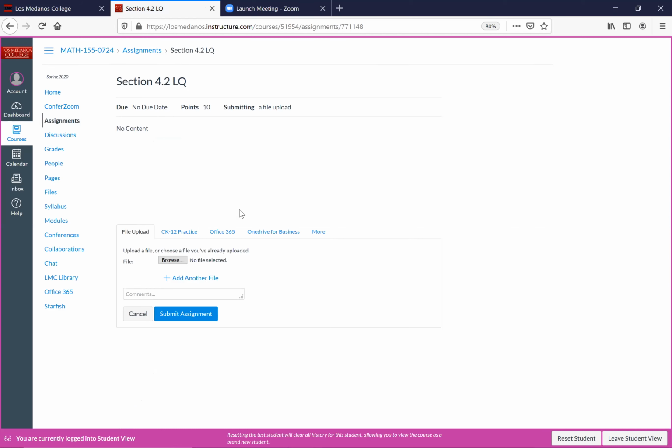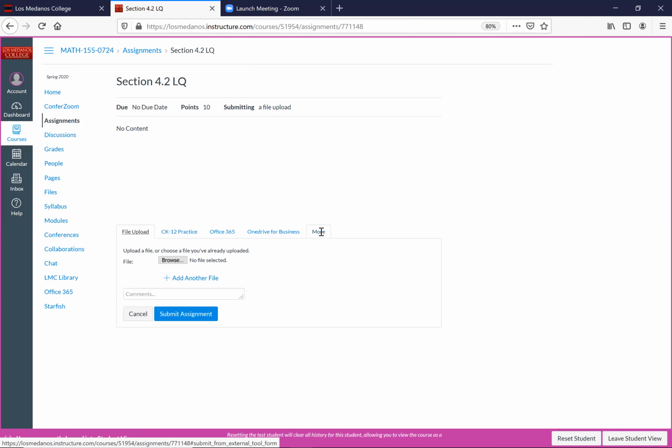The best way to do this is if you have your Canvas app on your phone, so that you can automatically use the camera. On Canvas, it'll ask you for a file upload. You choose the option where it'll let you take a picture from your camera.